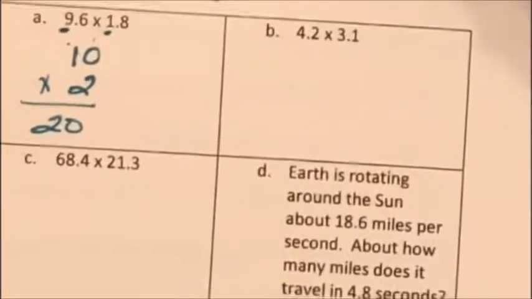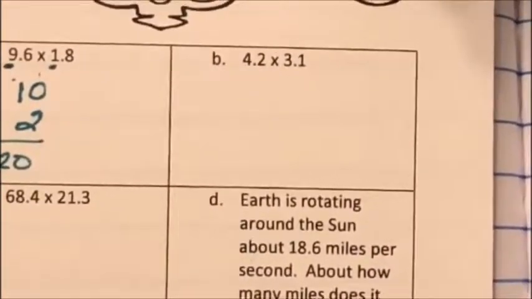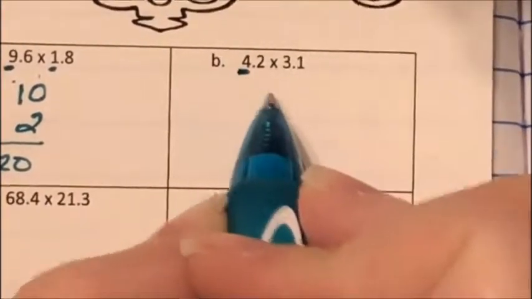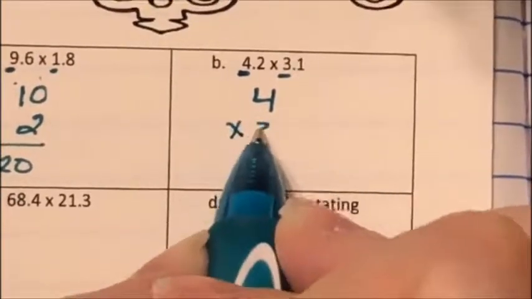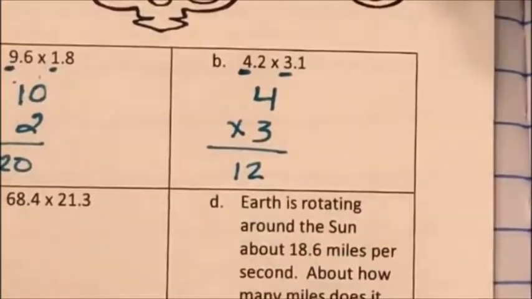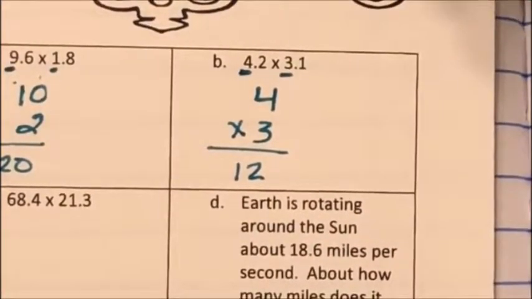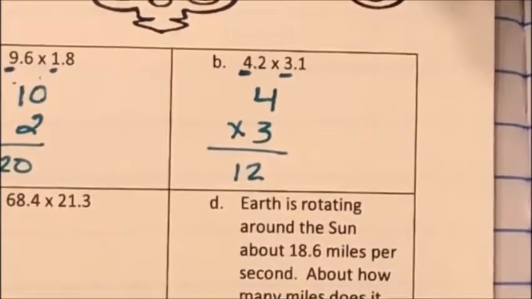Letter B says 4.2 times 3.1. Okay, so again, I'm going to round to the nearest whole number. 4.2 becomes 4. 3.1 becomes 3. So 4 times 3 gives me 12. So 4.2 times 3.1 is approximately 12.